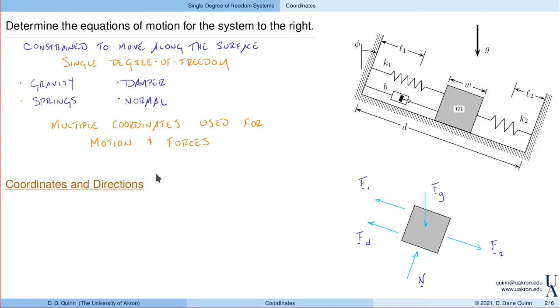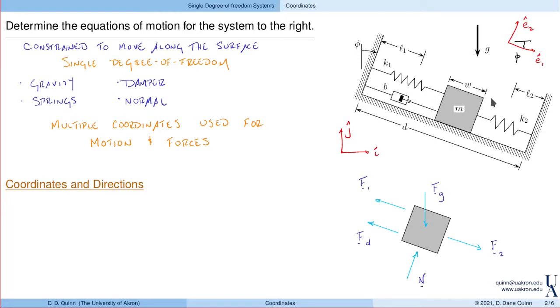We'll start off with coordinates and directions. Here we will identify the horizontal and vertical directions, i and j. And then noting that the surface is inclined, we'll define the direction along the surface as E1 and the direction perpendicular to the surface as E2. And of course, these are related by this angle phi that represents the inclination of the surface.